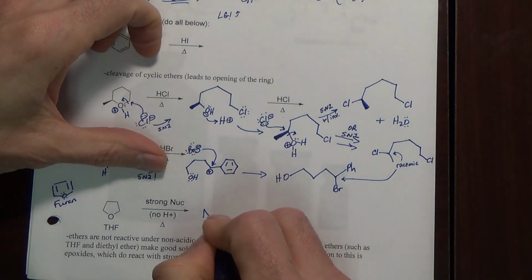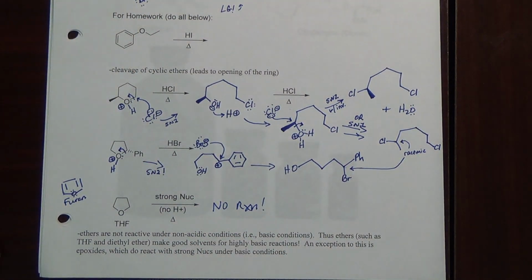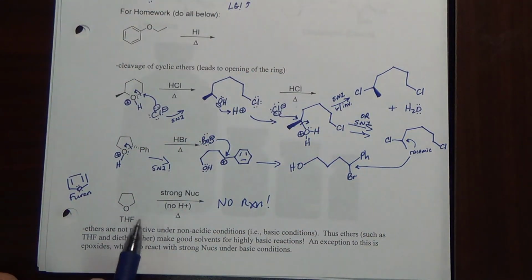There would be no reaction, because the only way to get the oxygen to leave one of the carbons is to make it a better leaving group. And with the ethers, the only way you can do that is to protonate them with strong acid, which includes possibly a Lewis acid in advanced cases, but for most of what we look at, we're talking about strong proton acid.